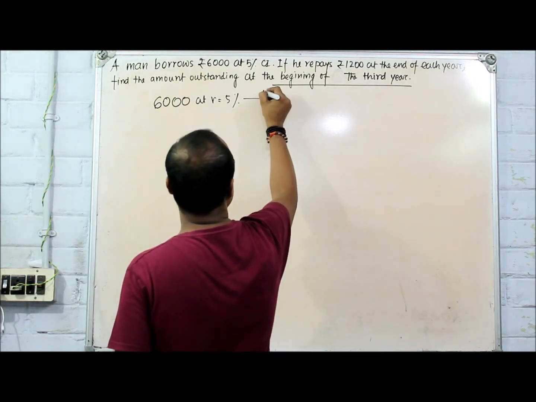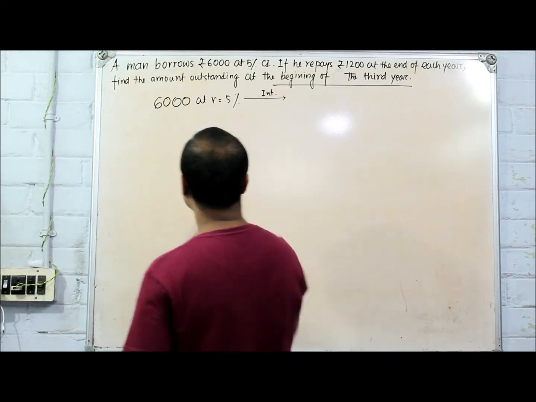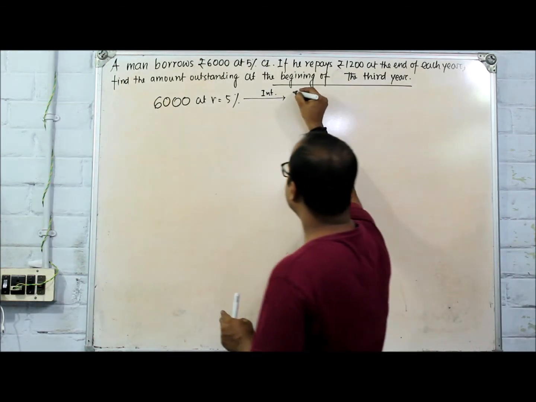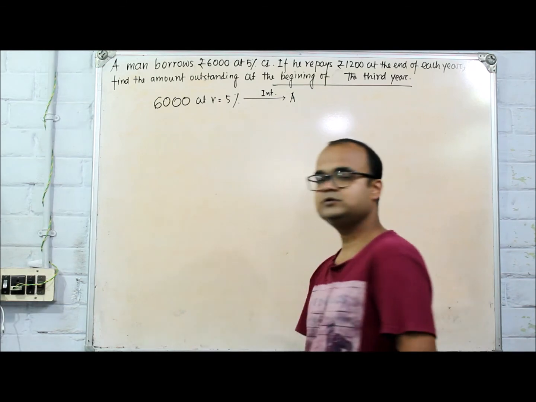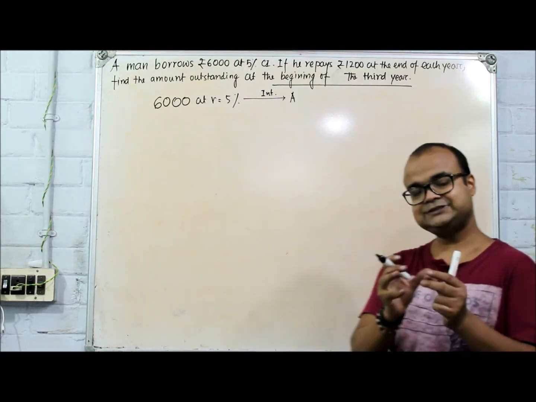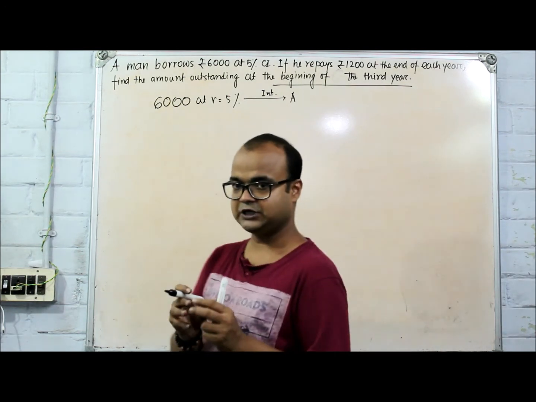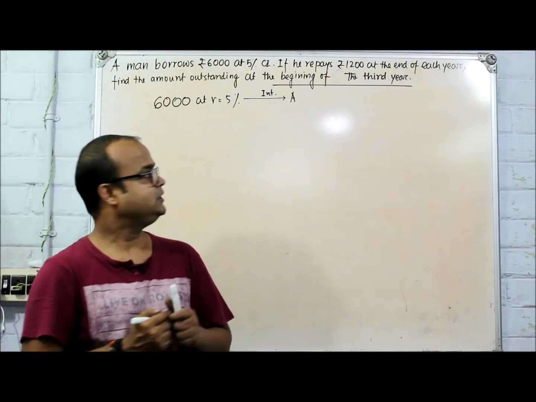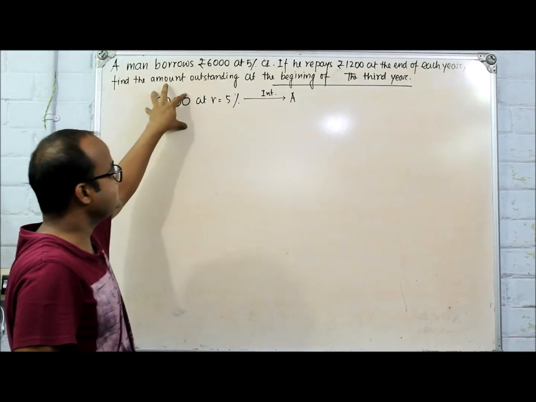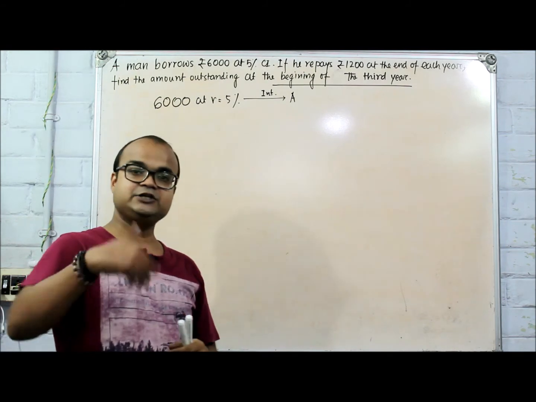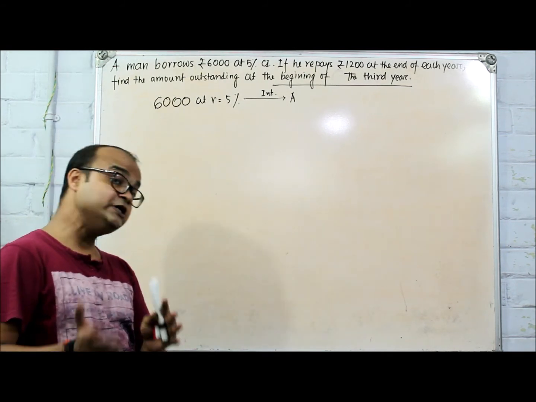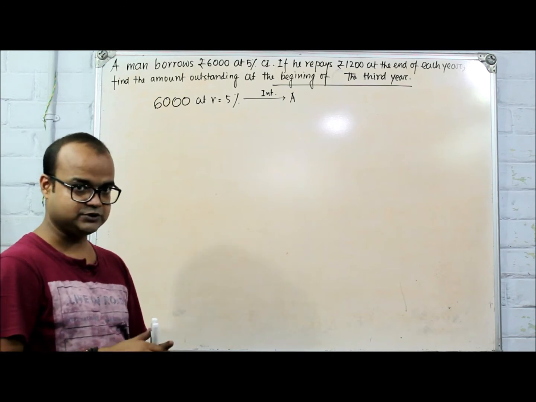So we calculate the interest for the first year, and that will become the amount at the end of first year. Am I clear to everyone? A person borrows a loan of 6,000 at 5% per annum. So at the end of first year, on this principal, certain interest will need to be paid. So that will become the amount to his credit at the end of first year.